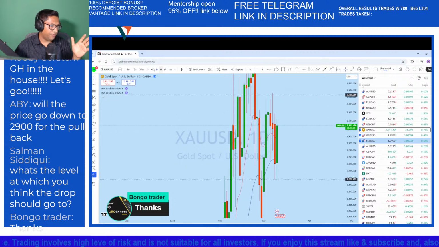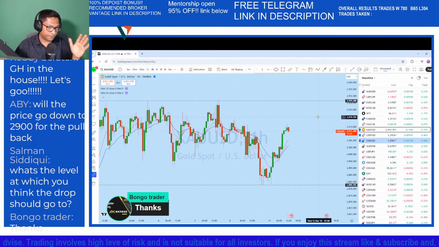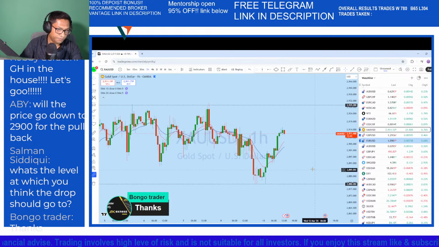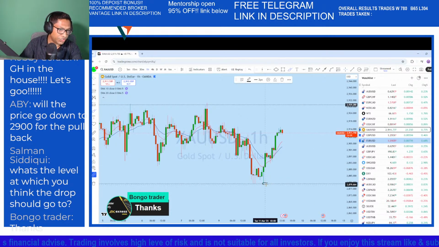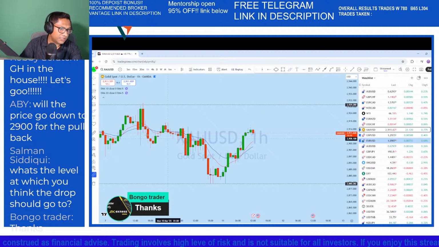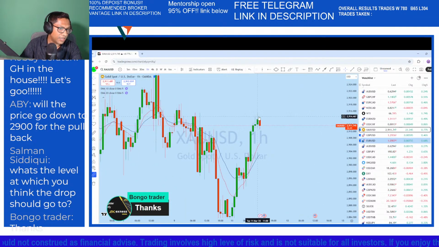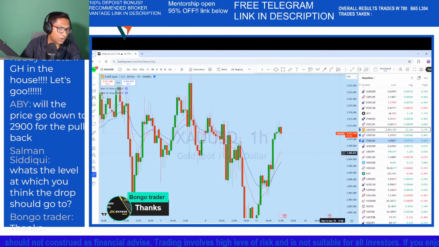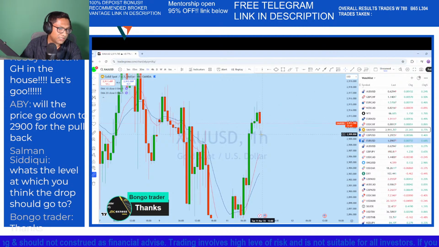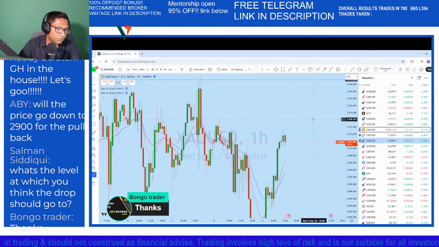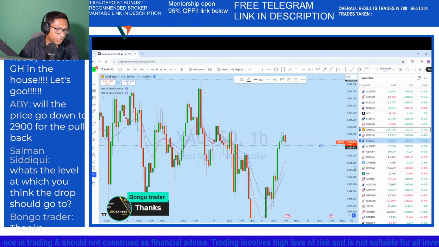If you look from the 1 hour chart, there is a bullish engulfer here from the 1 hour pullback and the bounce. This is the 1 hour candlestick pattern, and in that price action, we can see the price is approaching that 1 hour support, which is a very important level of support here.